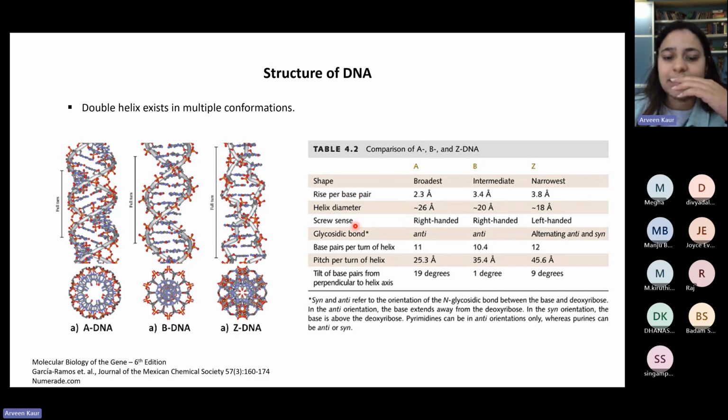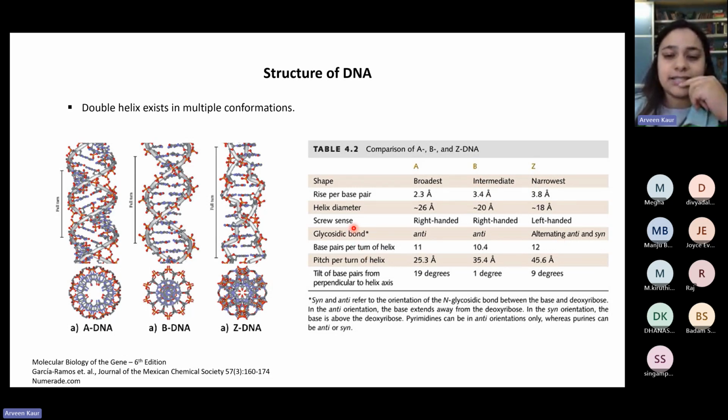Then the helix diameter for A is around 26 angstrom. For B, it is around 20 angstrom, and for Z, it is around 18 angstrom. That is what we are basing this broadest, intermediate, and narrowest on.